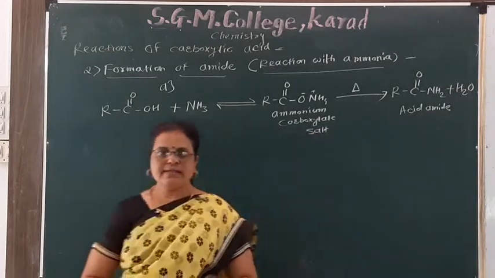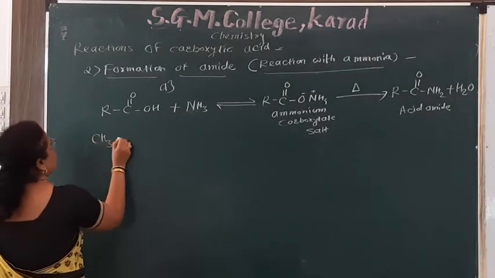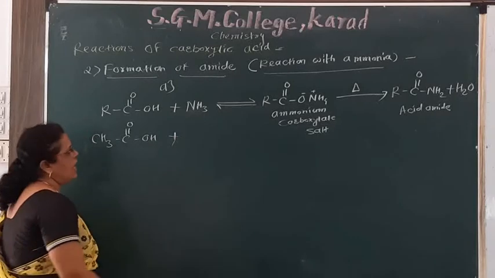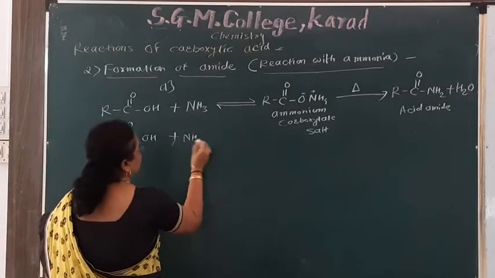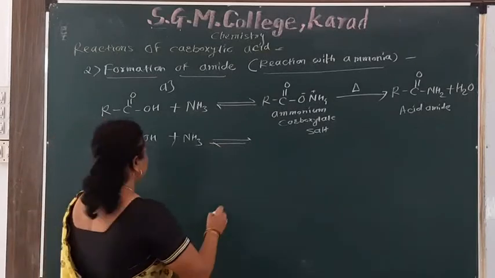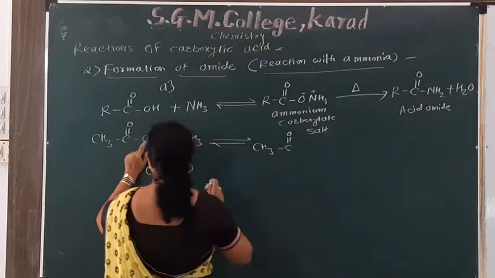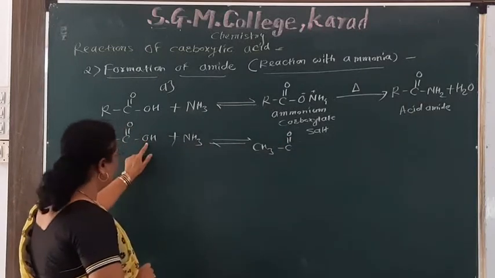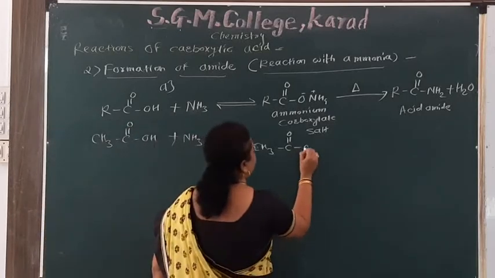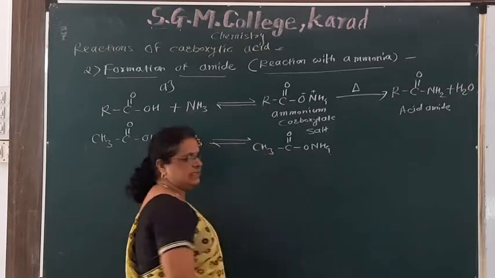Here for example, when acetic acid CH3COOH reacts with ammonia, then we get CH3COONH4.